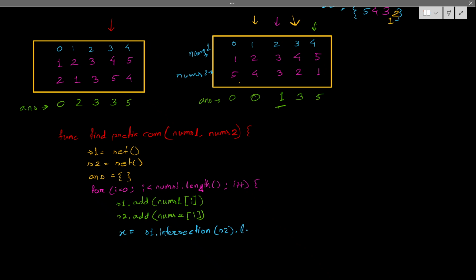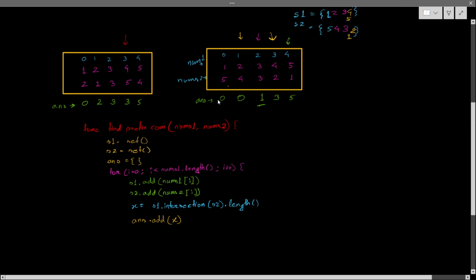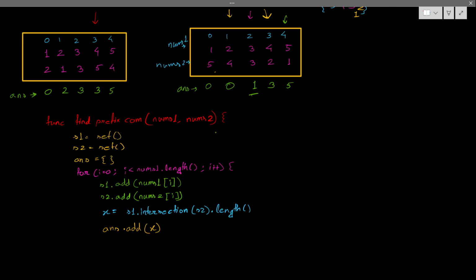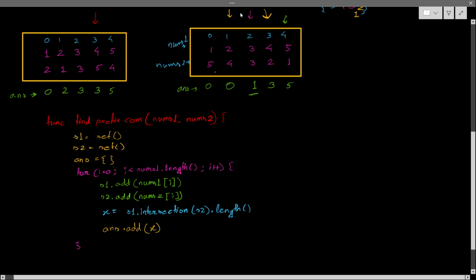I need the length, meaning how many common elements are present in the two sets. I can find x and simply append that x into my answer: answer.add(x). That's all we need. After that, the loop is finished and we return the answer.